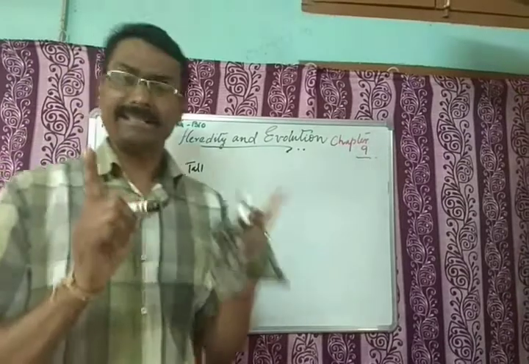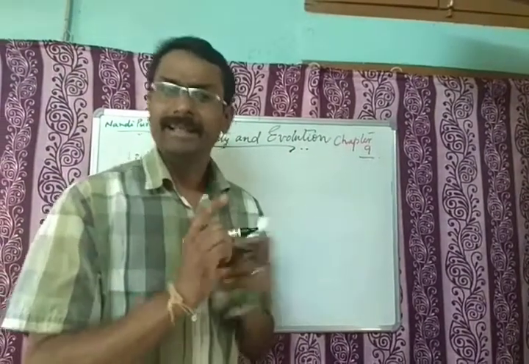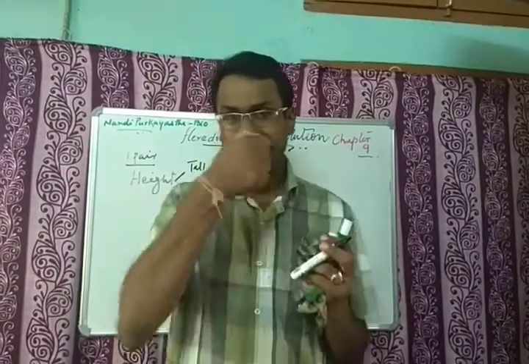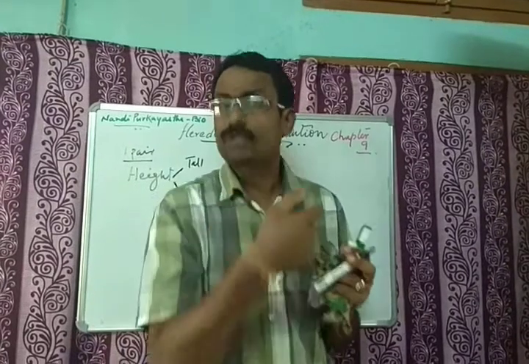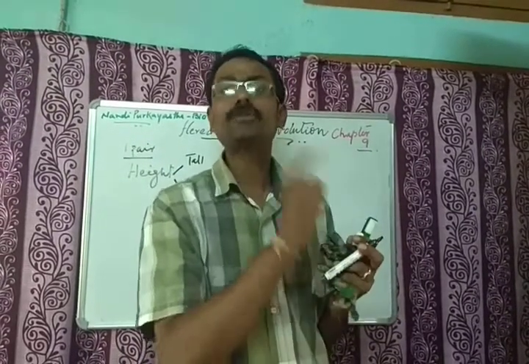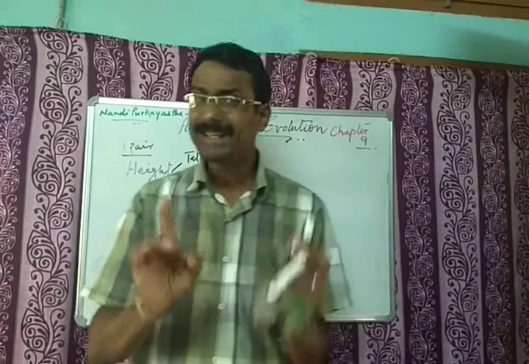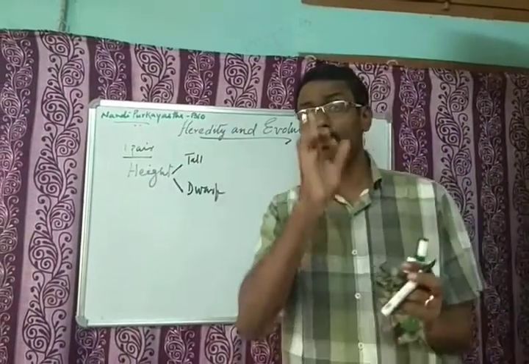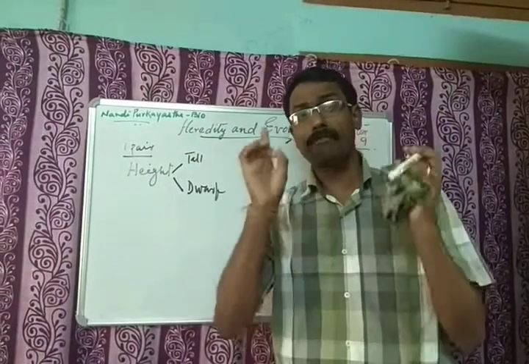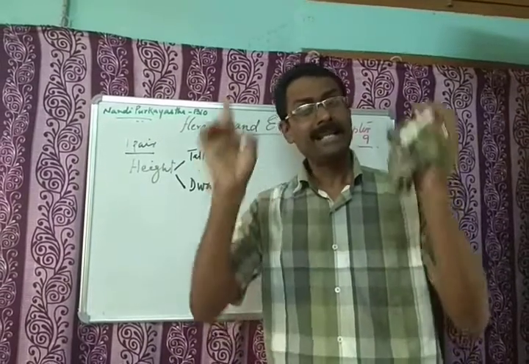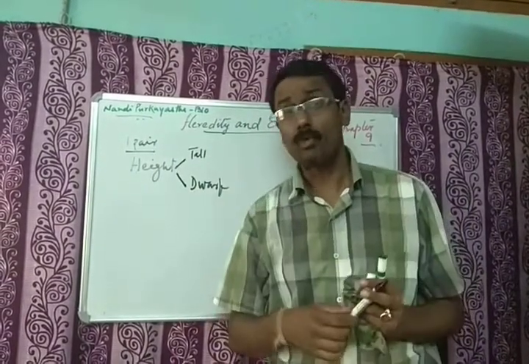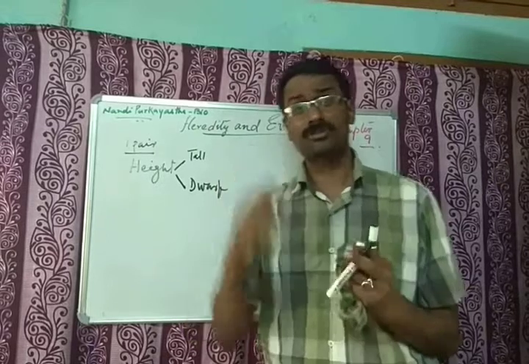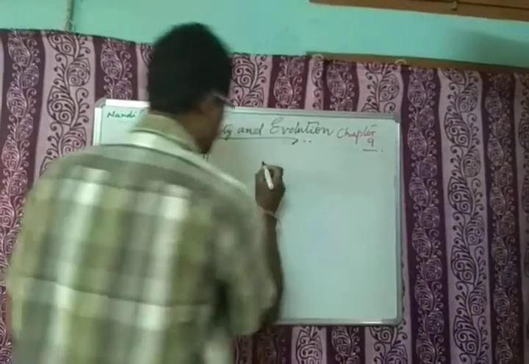When 1 pair is taken, not more than 1, mono means 1. That type of crossing that he did is called monohybrid cross. That means when the crossing is done by taking only 1 pair of contrasting characters, that type of cross is called what? Monohybrid cross.